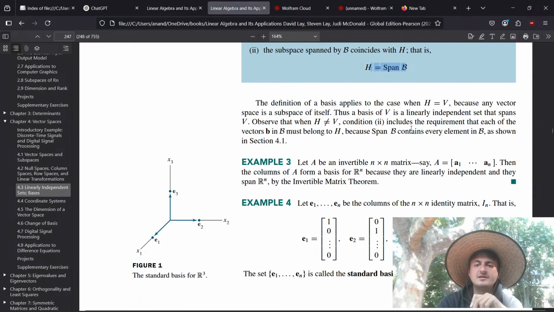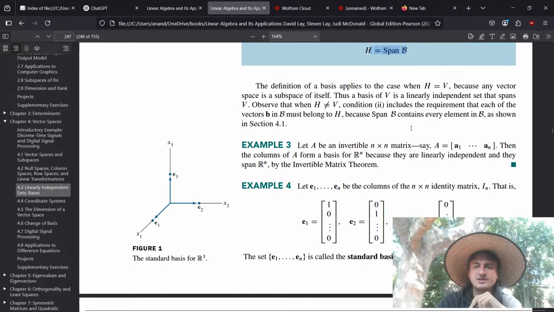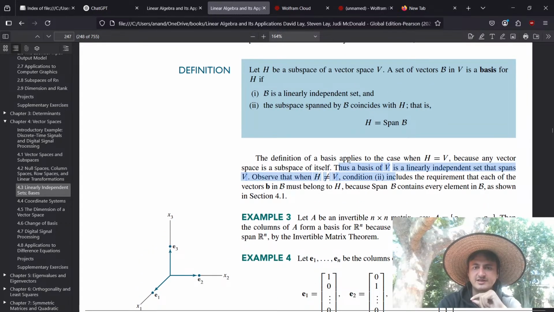The definition of a basis applies to the case when H equals V. Thus, a basis of V is a linearly independent set that spans V. Observe that when H is not equal to V, condition 2 includes the requirement that each of the vectors in B must belong to H, because span B contains every element of B.